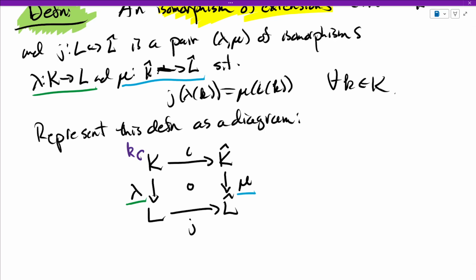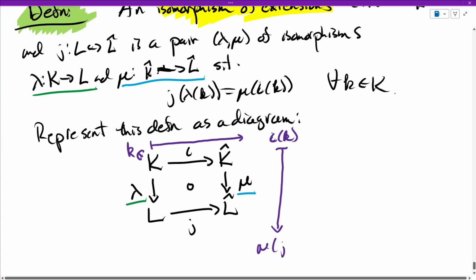If I plug in some k in k, and I send it over via iota, and then send that down via mu, mu of iota, that should be the exact same as sending k down via lambda, and then over via j.